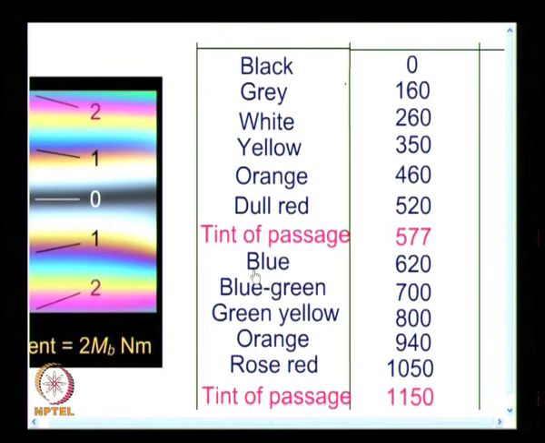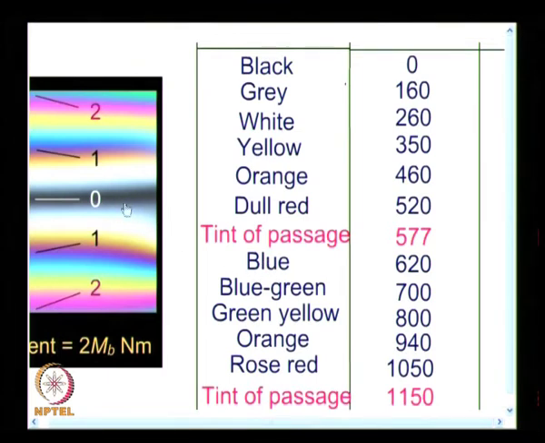I said color code could be used for finding out the gradient, and if the changes are very small, the color sequence helps you to say whether the fringe order is increasing or decreasing at a point of interest. So, it is better that we go to the color code and recapitulate what we have learnt.